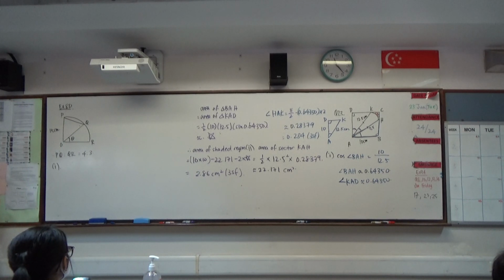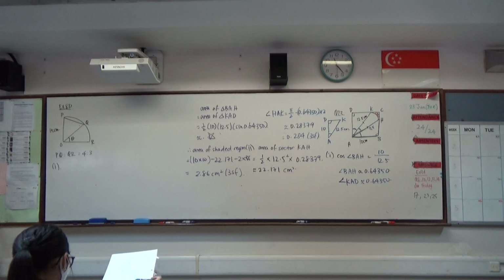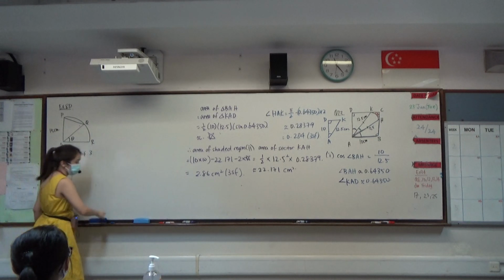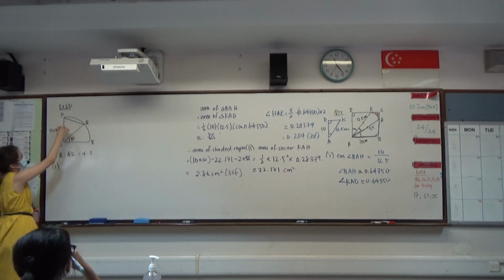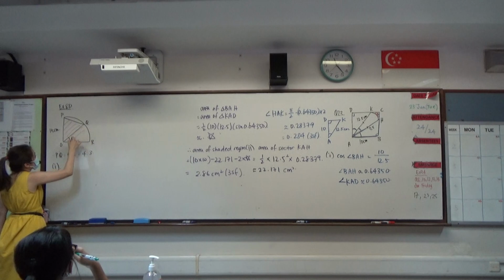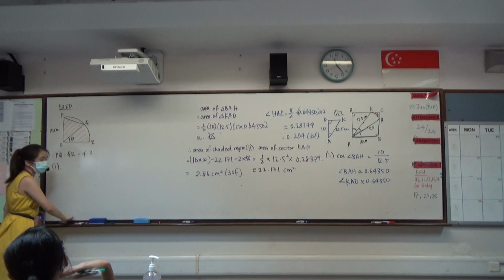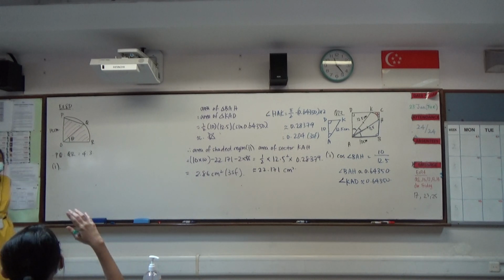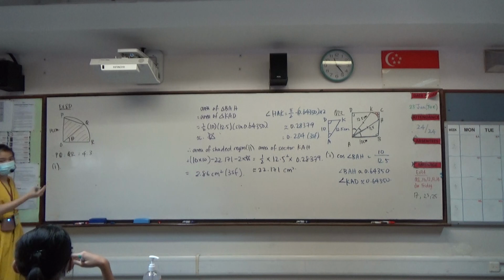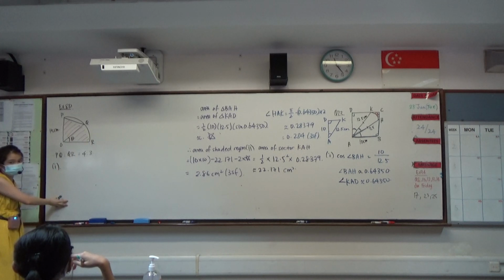Who asked for question 25? Is the issue on part I or on part 2 in finding the area of the shaded region? I'm very sure I saw hands raising up. What's the issue for question 25? Yes, the whole thing. So part I, I don't know how to do that, so part 2 cannot, right?